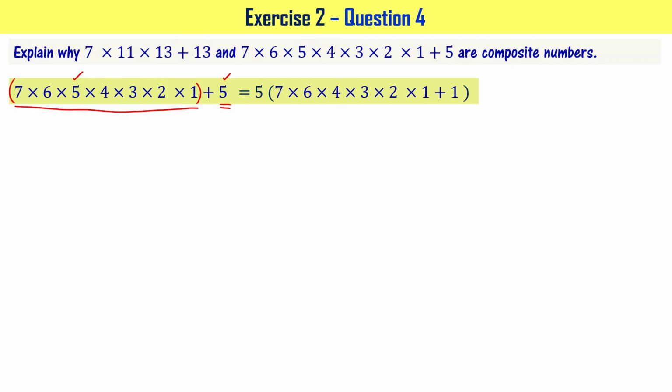So that it can be written as 5 times (7 times 6 times 4 times 3 times 1 plus 1). Got it? Now, when you simplify this particular number, what you get is 1008 and we are adding 1. So it is going to be 5 times 1009.